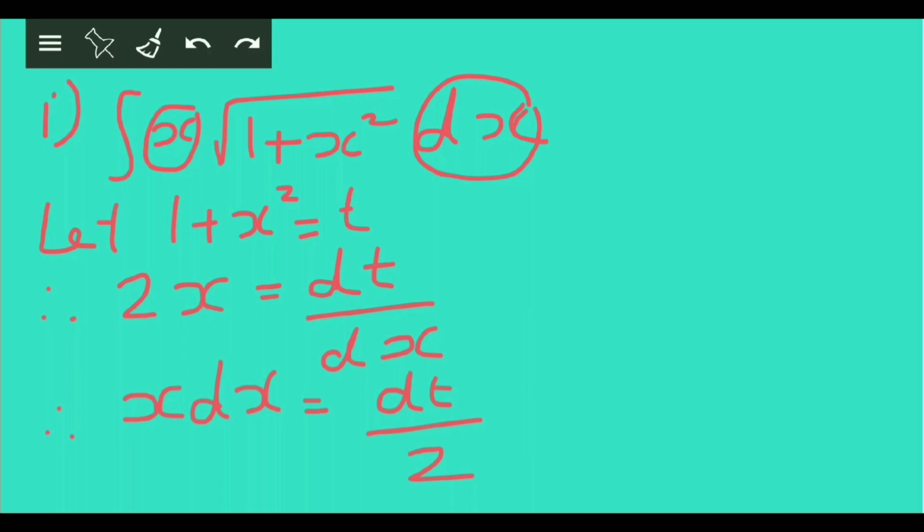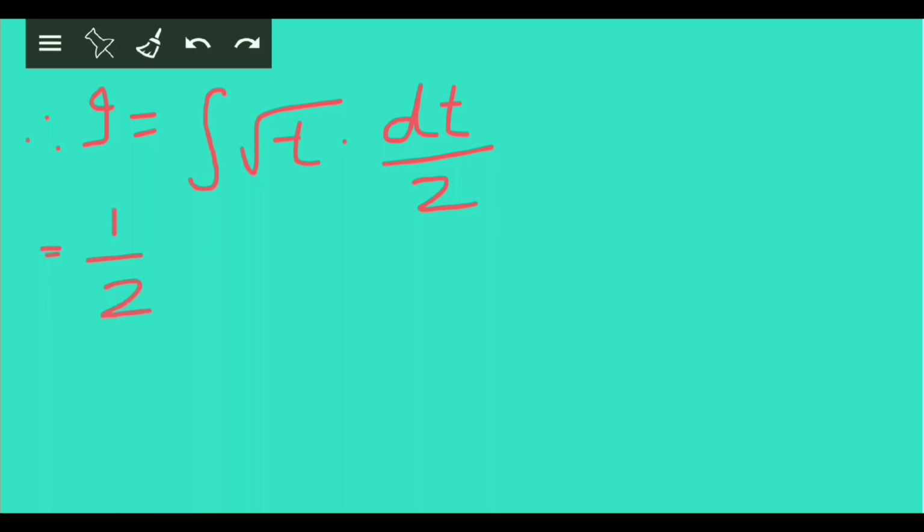So thus, if the integral is called I, generally we call it I, the integral has become now integral of root t into dt upon 2. Now this 1 upon 2 is a constant. We bring it outside over here. 1 upon 2 integral of root t dt comes.